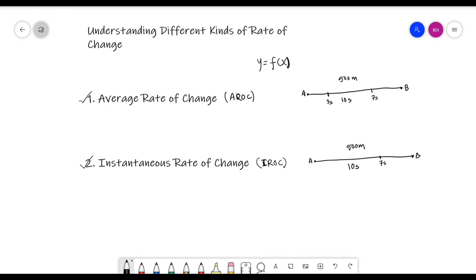This is what I mean by instantaneous rate of change, when I ask you to find the rate of change at one specific instant. So in this case, our instant would be 7 seconds.